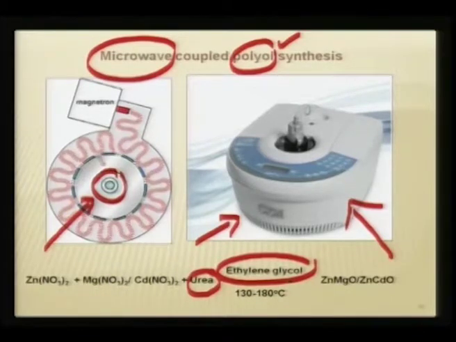Therefore, you take zinc nitrate, magnesium nitrate and cadmium nitrate in the proportions that you want, for alloying with cadmium or magnesium as the case may be.